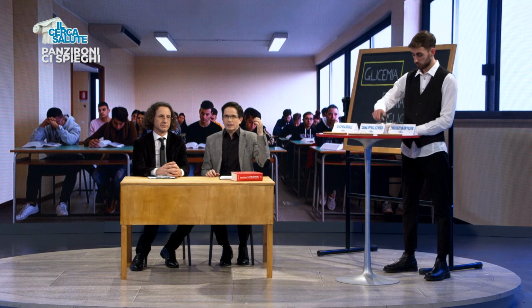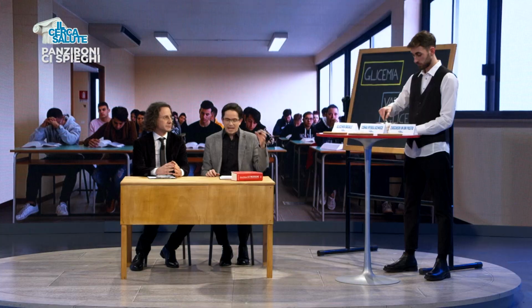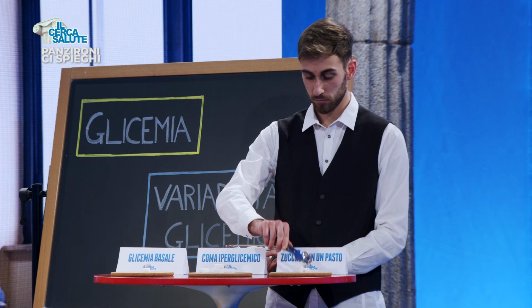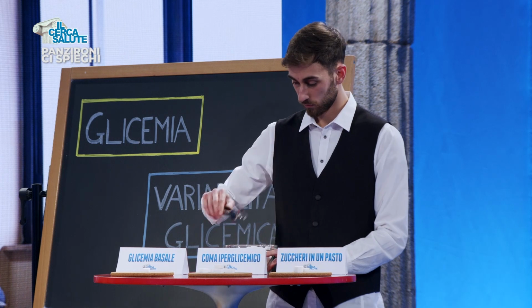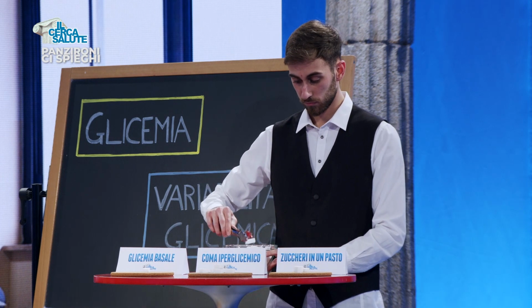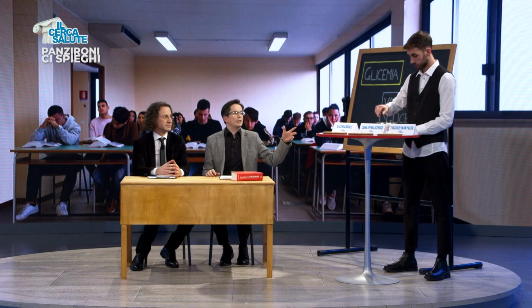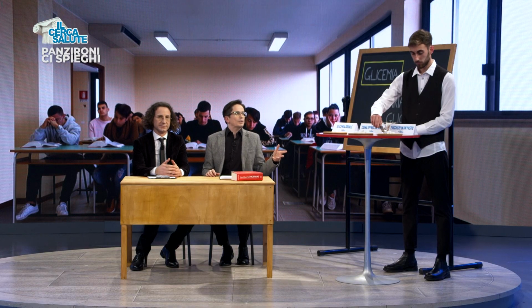So now I ask our Alessio to put on the third tray the sugar contained in an average meal planned for the Mediterranean diet. Here he starts putting some, let's see how much he puts in. I already see that he put in 4 sugar cubes. 5 sugar cubes.